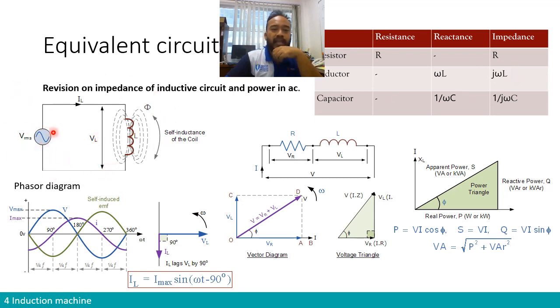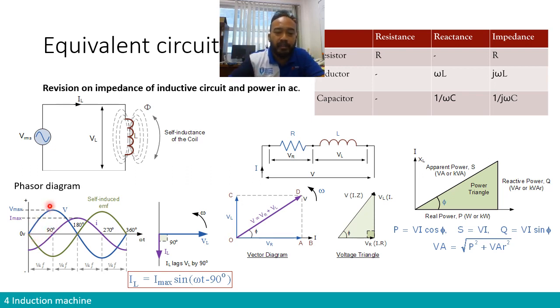If you are applying AC current, then the inductor exhibits what we call self-inductance. It stores a certain energy and becomes a reactance. If you look at the phasor diagram, it first creates a back EMF in itself.